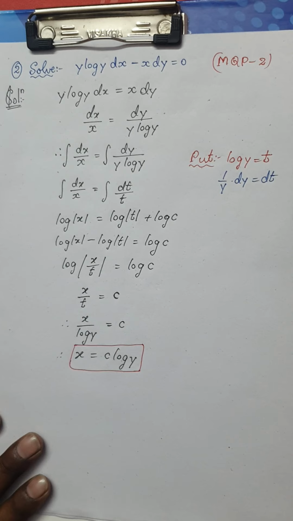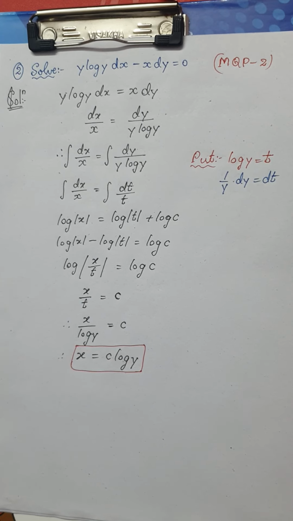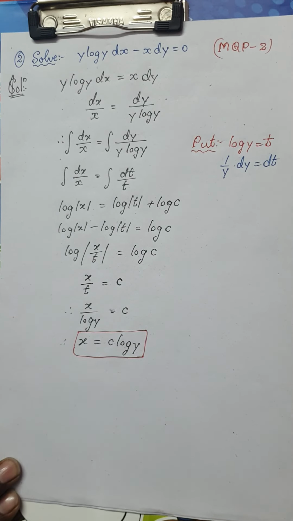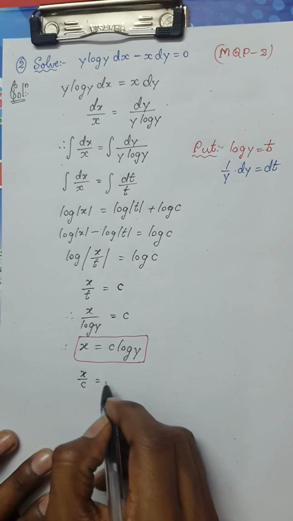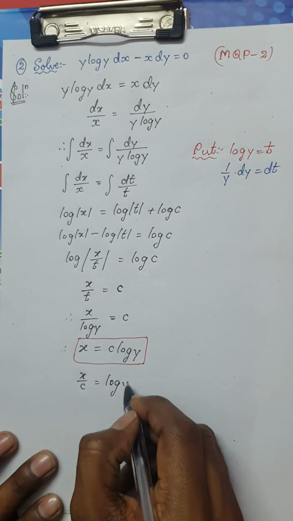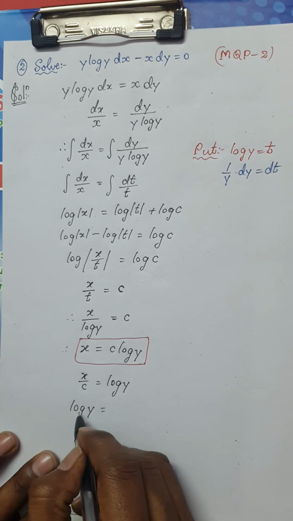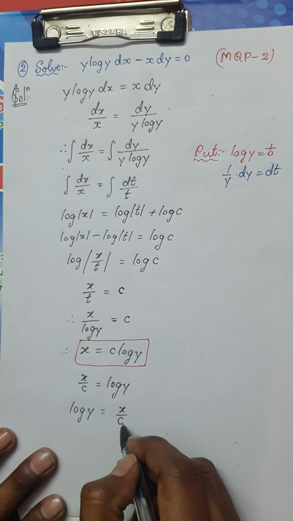In case you are supposed to write further steps, particularly keeping CET in our mind, we can further simplify this as follows. So you can write it as x divided by c is equal to log y. We know that log y can be written as x divided by c.